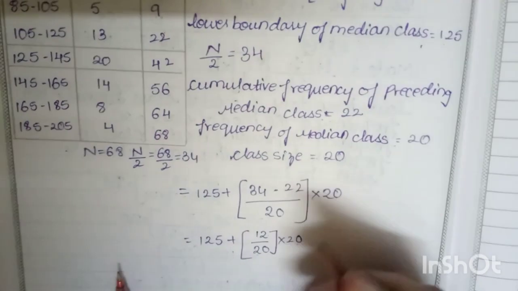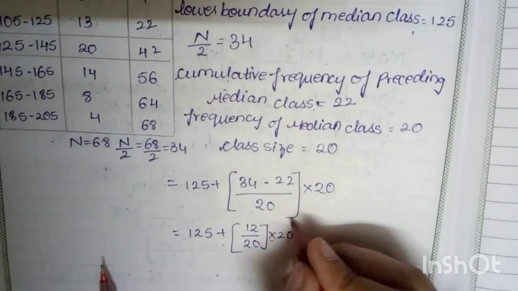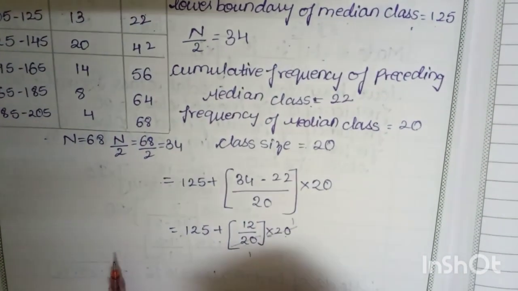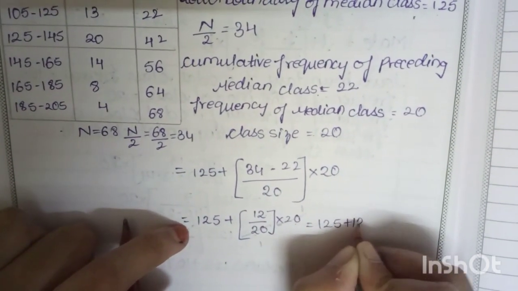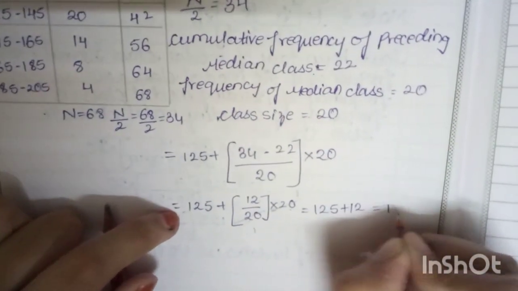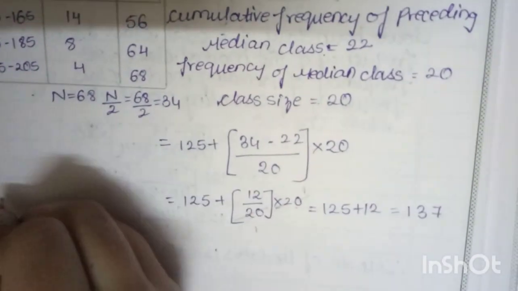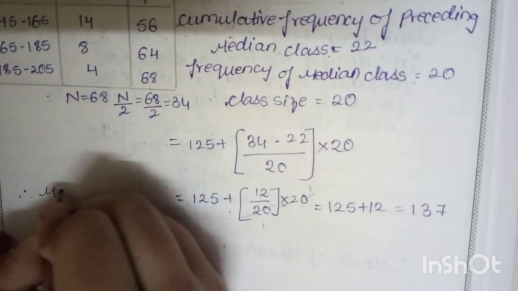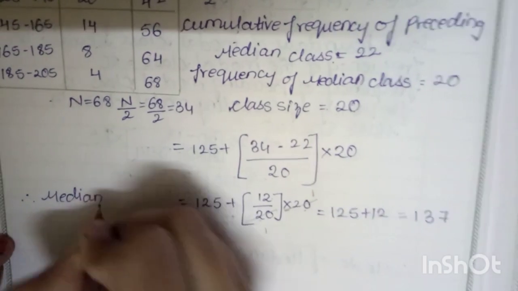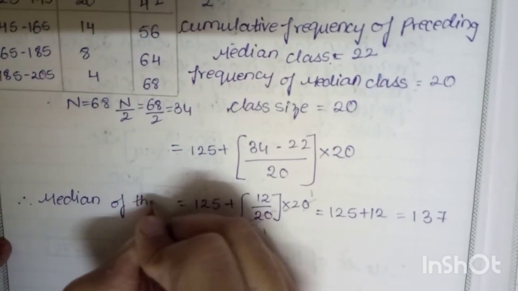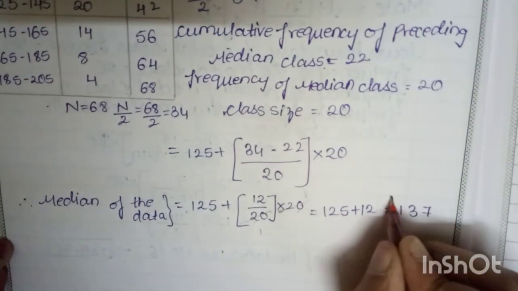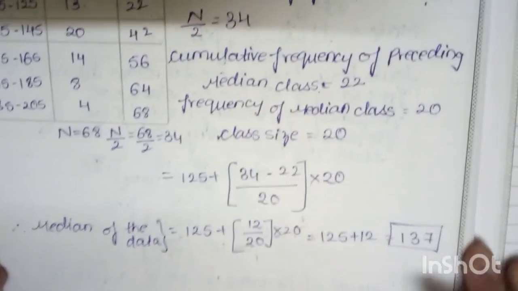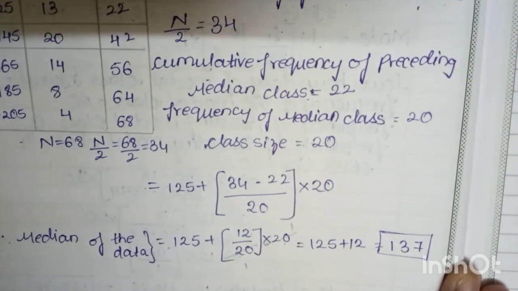So since there is the multiplication symbol, you can cancel, 20 ones are 20 ones are. Okay, so that is 125 plus 12 will be equal to 137. Therefore the median of the data is equals to 137. But wait, still the answer is not completed.